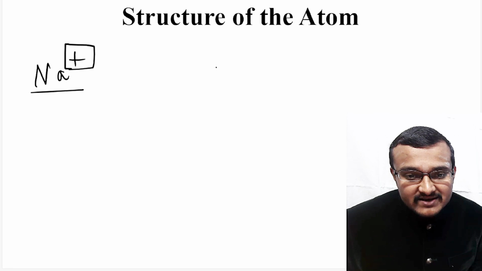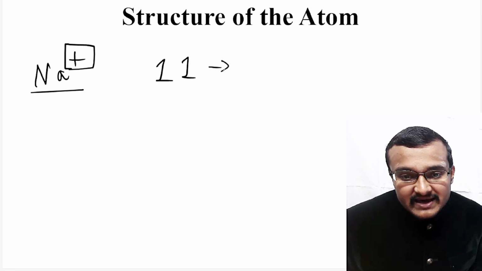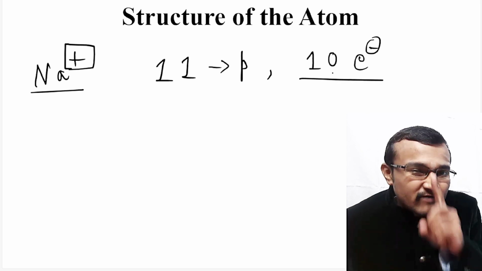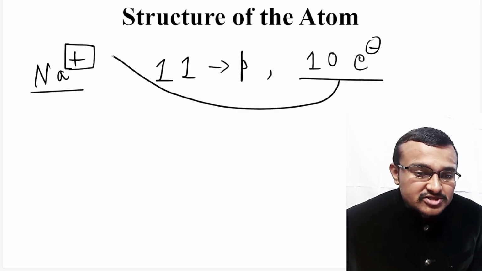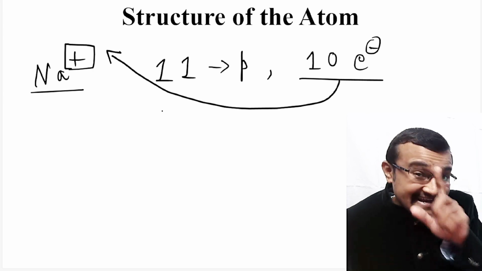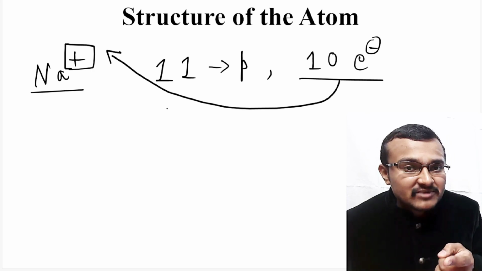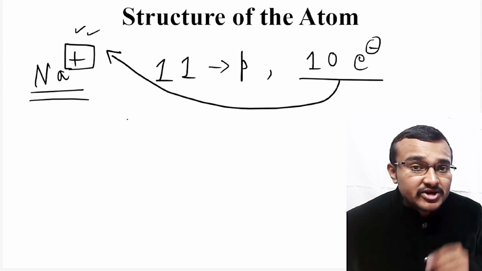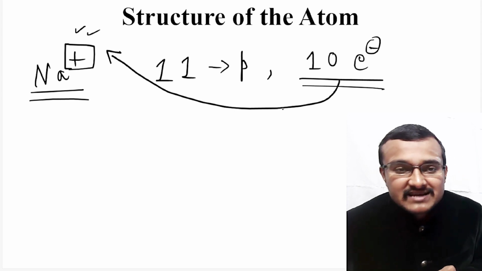So 11 protons will be there, but only 10 electrons. Because of the loss of one electron, this positive charge is there, because one extra proton is there in Na plus. That's why this sodium has a positive charge on it. So now only 10 electrons are there.